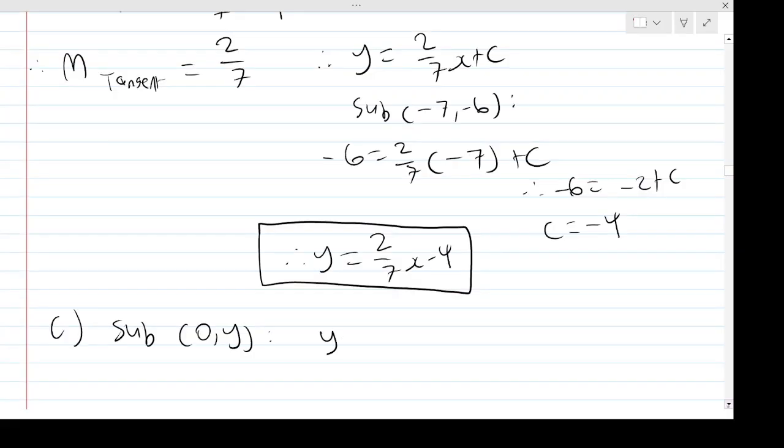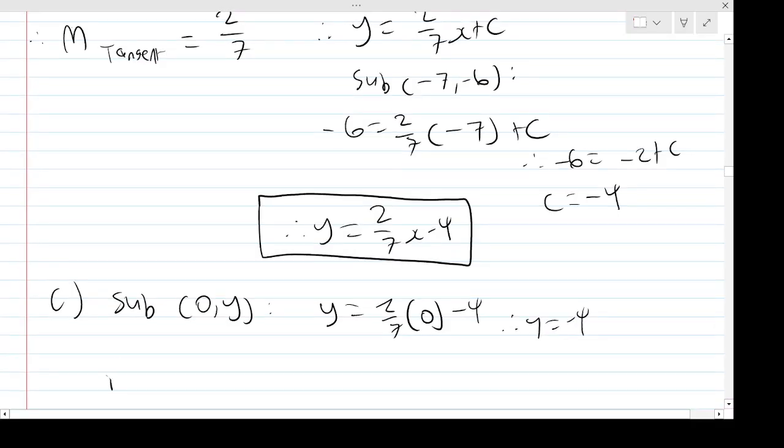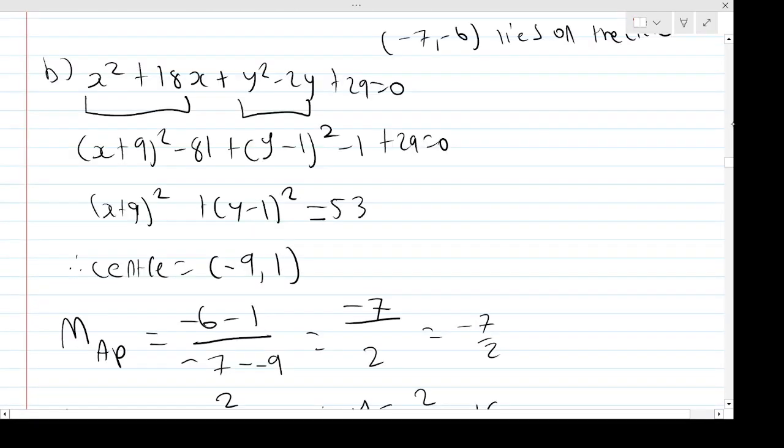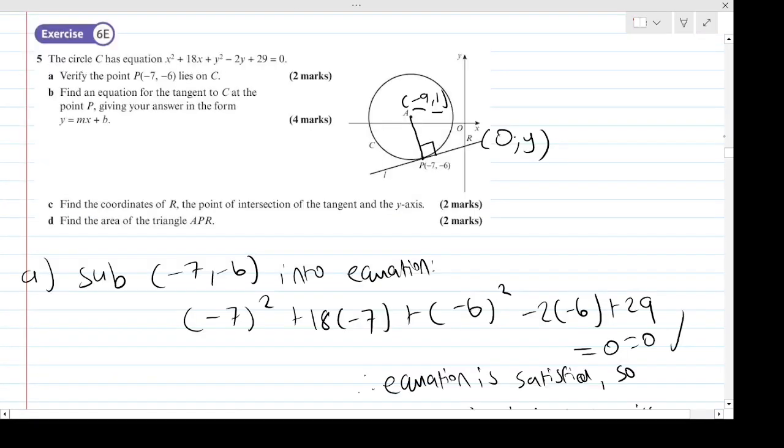So then y would equal 2/7 of 0 minus 4, which means that y is minus 4. So therefore the point R has coordinates x is 0, y is minus 4. Great stuff there.